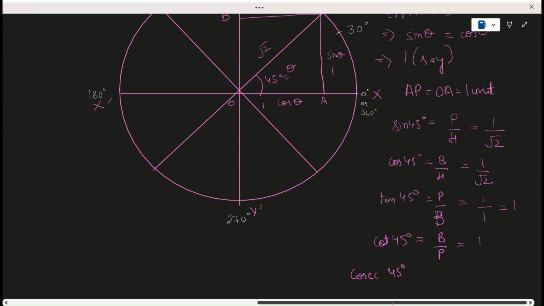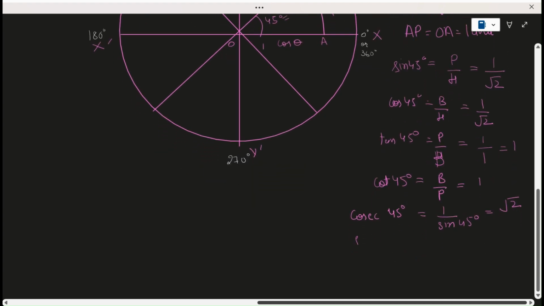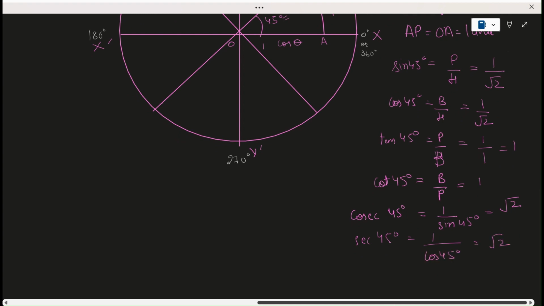Then cosecant 45 degree. Cosecant 45 is 1 upon sine 45. We calculate, so this will be simply under root 2, and secant 45 is 1 upon cos 45, that is under root 2.